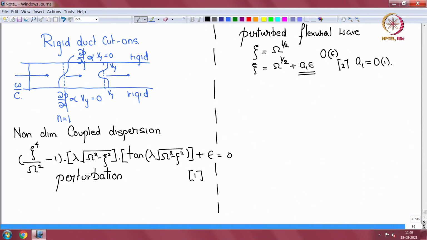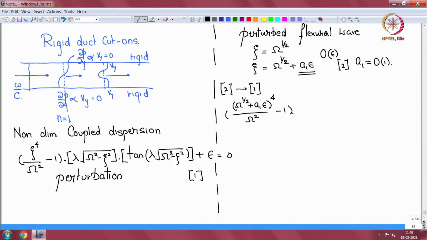So if I substitute 2 into 1, what do we get? We get omega to the power half plus A1 epsilon, whole thing to the power 4, divided by omega square minus 1. That is the first term.